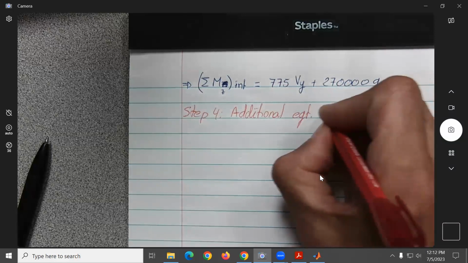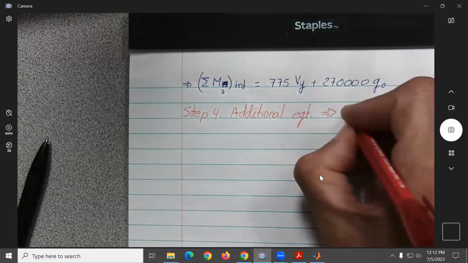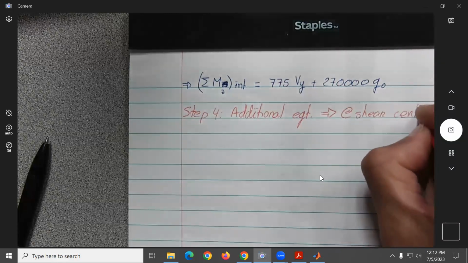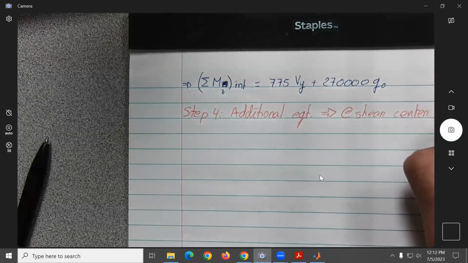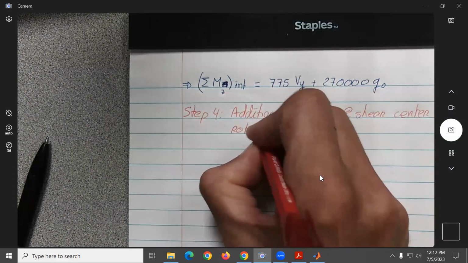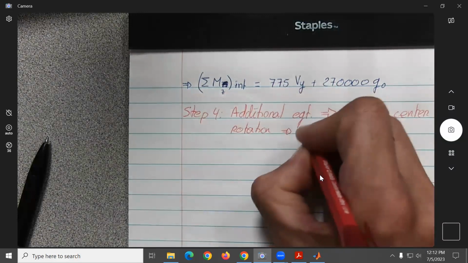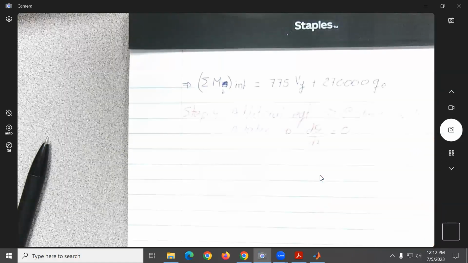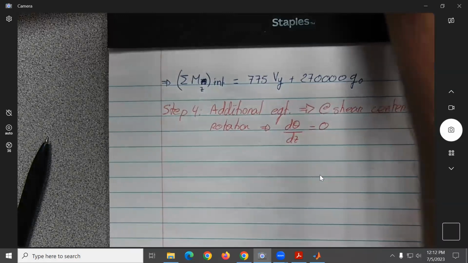Additional equation, which basically means at shear center, no rotation, which basically will mean angle of twist equal to 0.